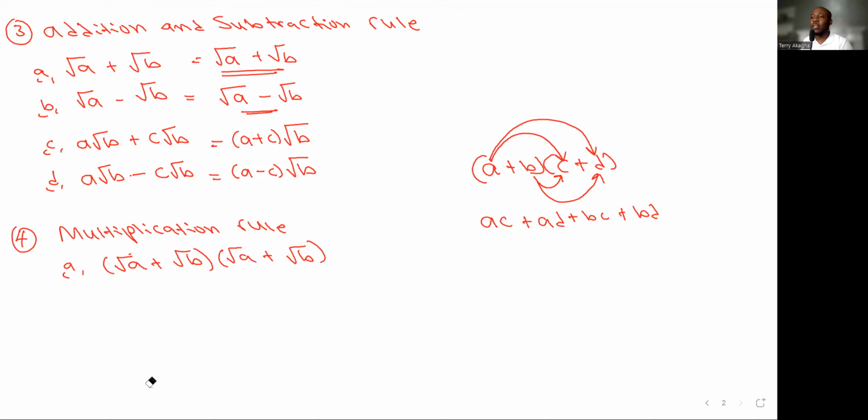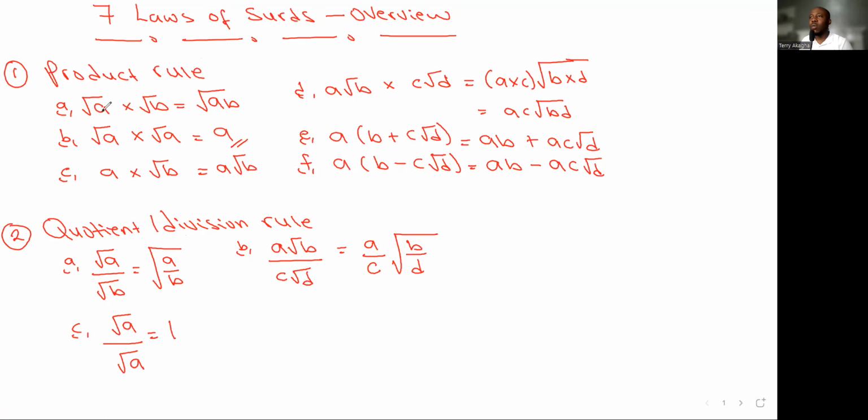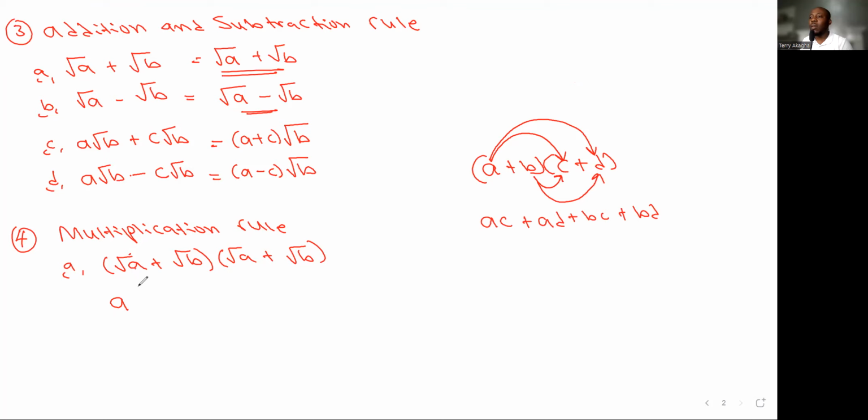The first one, root A times root A, will give us A. Root A times root B, you can see from this rule here, will give us root AB. Are you seeing it? The same thing, root B times root A. Remember we said this first bracket is going to open the second one. So we start with this now. Root B times root A is going to give us root AB.